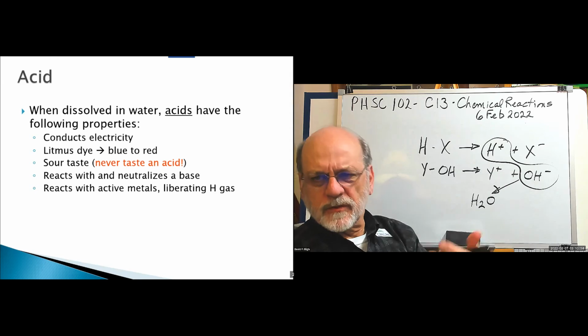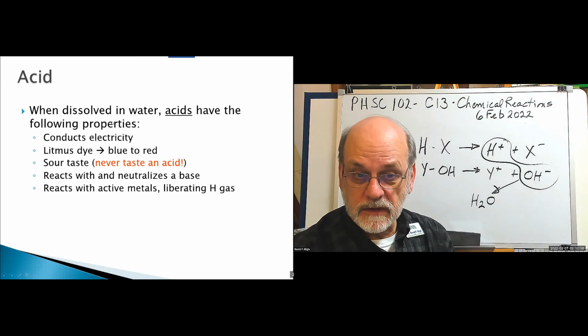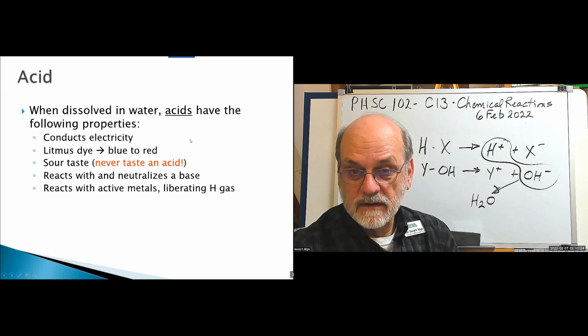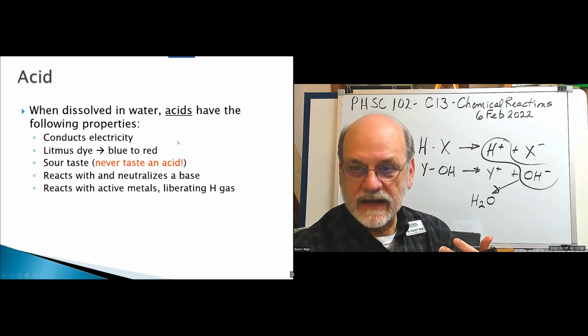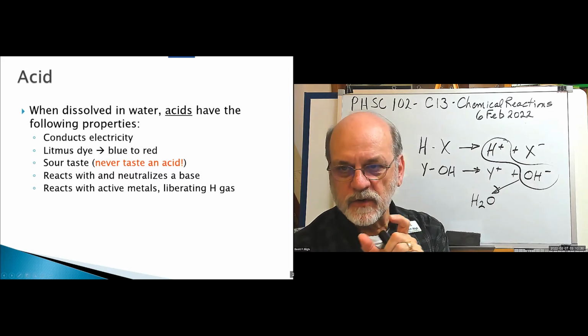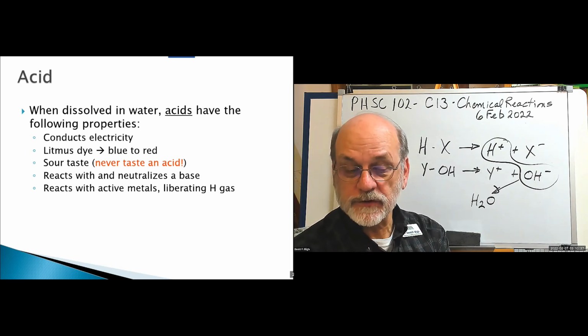Okay, so these are some other properties of acids. When you dissolve acid in water, the solution will conduct electricity. We can test them with indicators. A strip of litmus paper, which has been impregnated with the litmus dye, will turn from blue to red if exposed to acid in water.